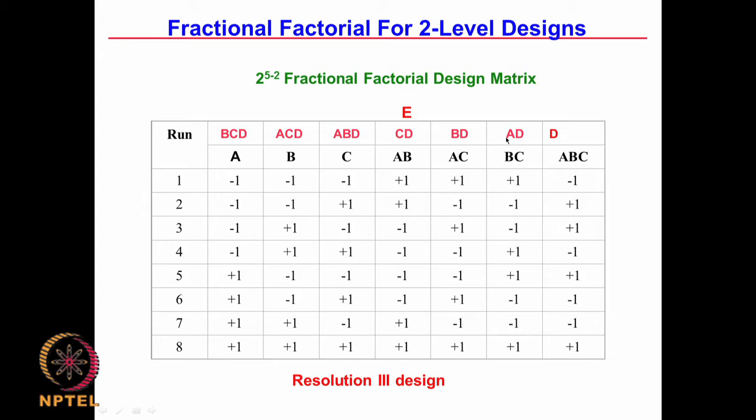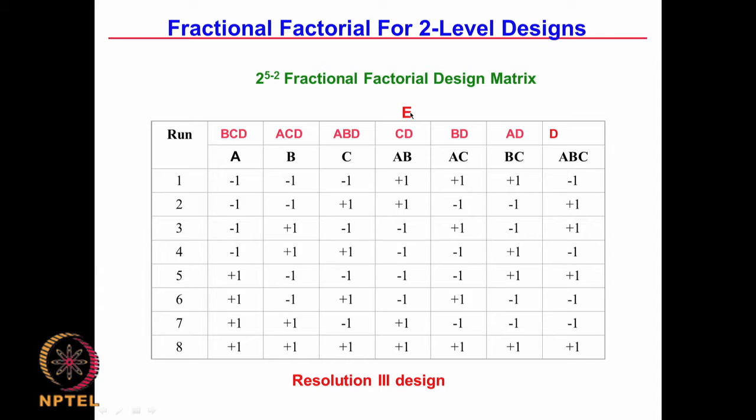Now, you want to introduce one more variable, a 5th variable, that means a 2 power 5 design, that is 32, but you want to do only 8 experiments, that means 1/4 of 32, which is 2 power 5 minus 2. So, the question is, if we put E here, what happens?